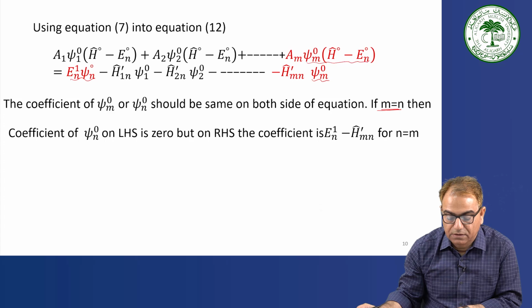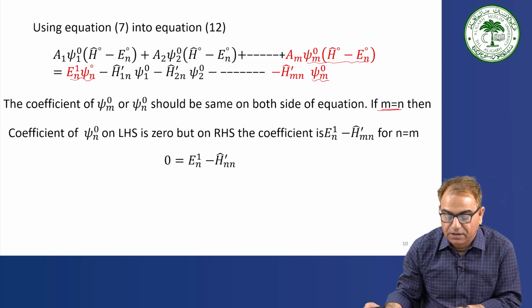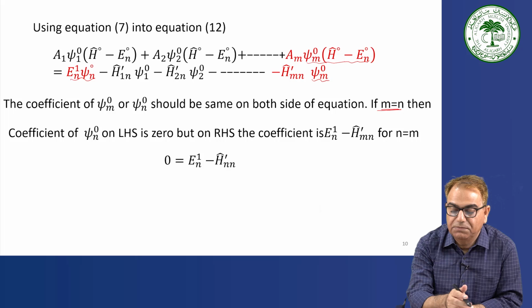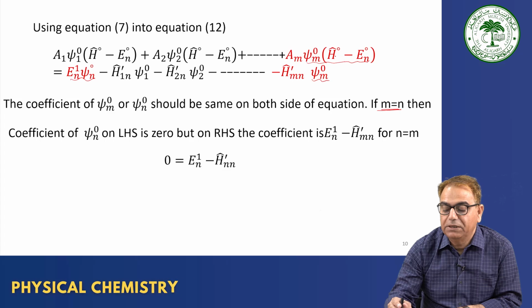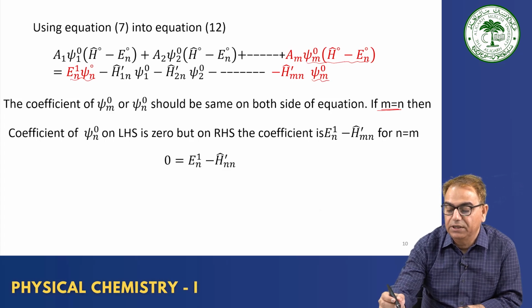So what do you get? If you compare this, it comes out to be En1 equals h prime nn, and this becomes equal to 0 because if you multiply psi n naught with H naught, what do you get?